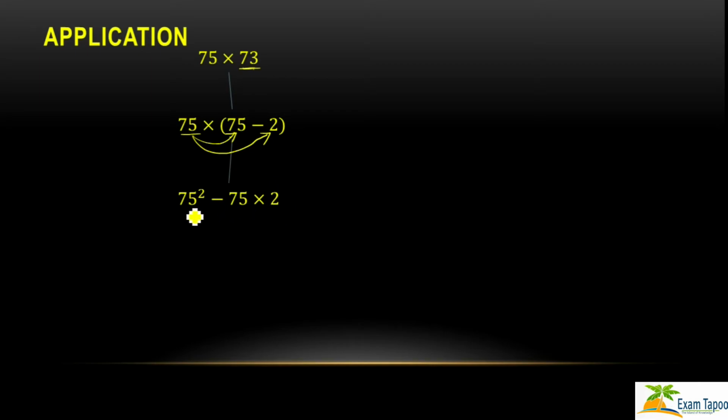Again, I have a number 75 which ends with 5, and I have to calculate its square. How will I calculate the square? This is 75. The first step is to identify the number before 5, that is 7. Just increase this 7 by 1 and multiply the result by 7 itself.